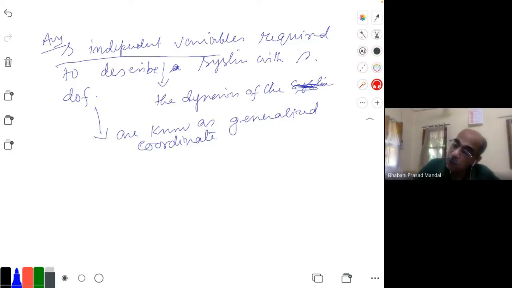For example, I have a pendulum. Suppose I have a weightless string, and a point particle with mass m is attached to it, and it has pendulum motion in the vertical plane.